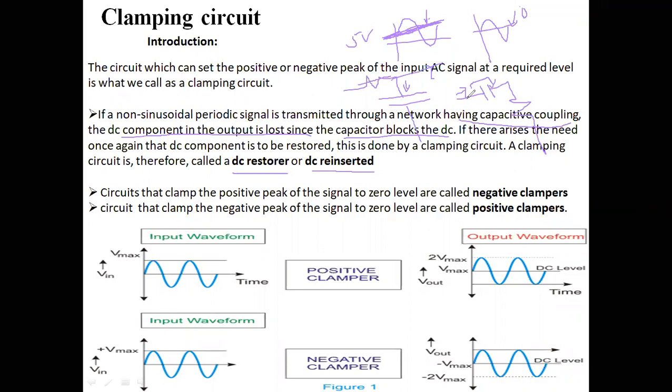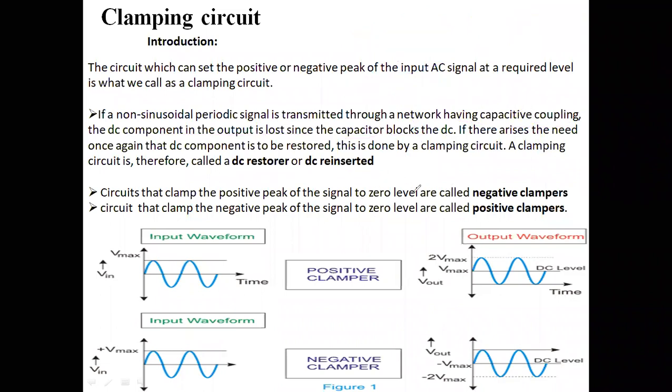If we require the DC component for the next levels, we add a clamper circuit, which restores your DC component.